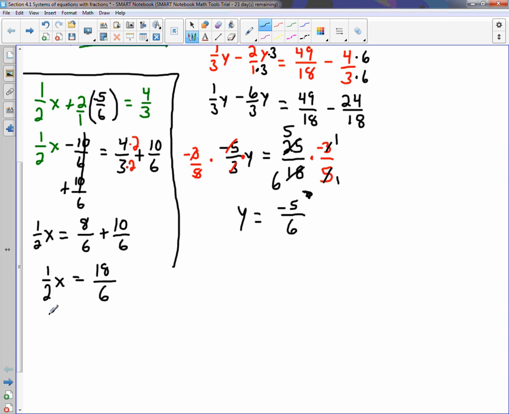And I get 1/2 x equals, this reduces to 3. 18 divided by 6. And then we can multiply by the reciprocal. 2 over 1. Multiply by 2 over 1. And we get x equals 6.